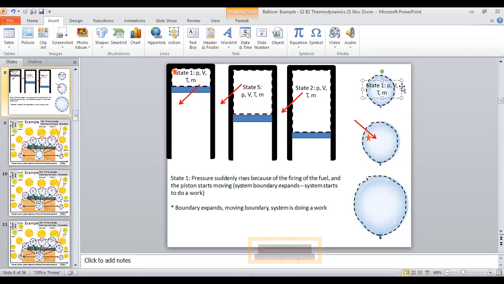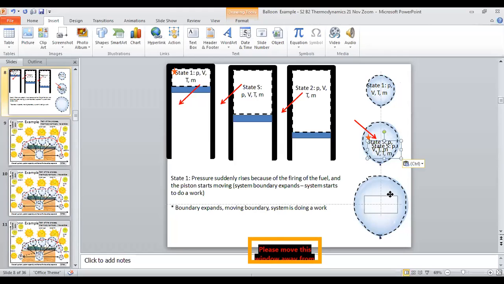So state 1, okay, and state S, I just put same here. State 2, this way.